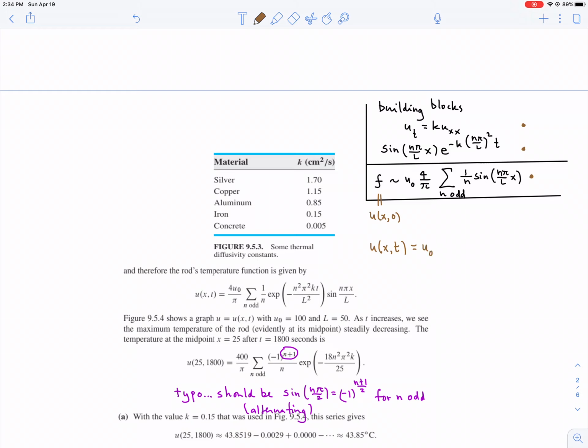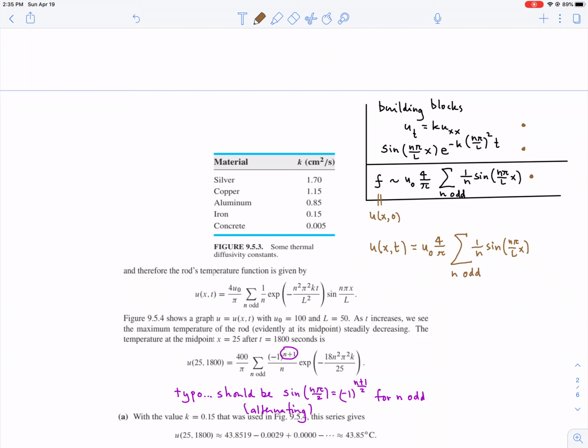So U0 4 over pi sum over n odd 1 over n sine n pi over L x.